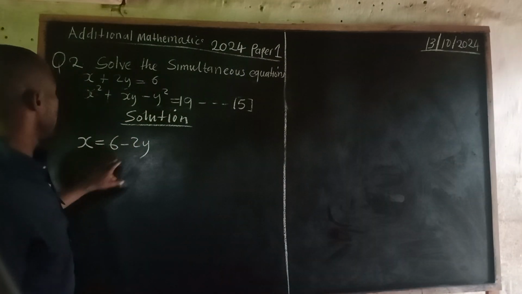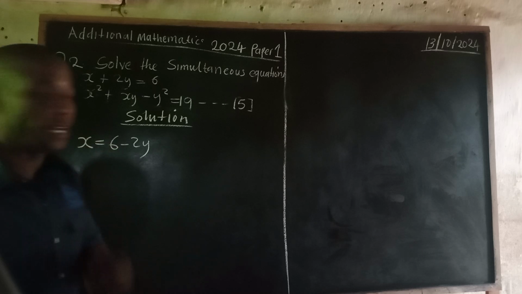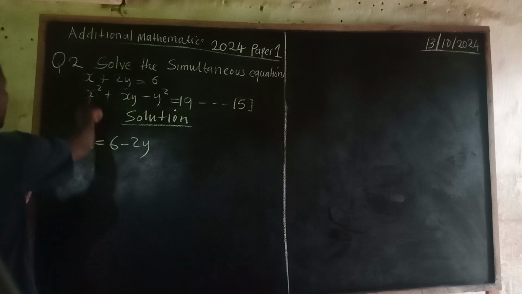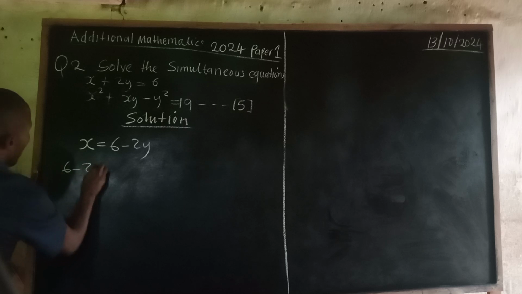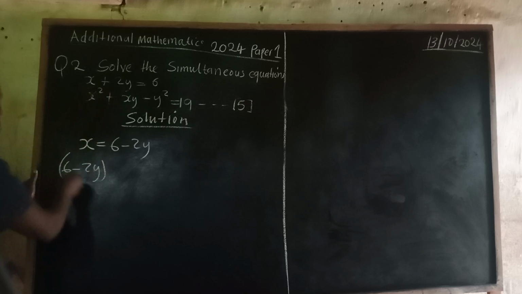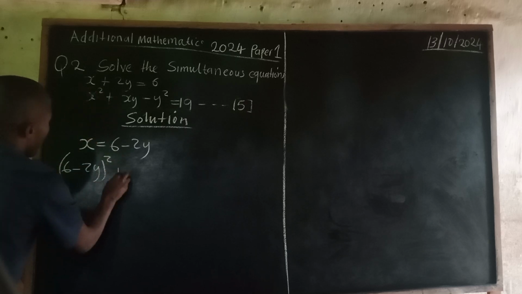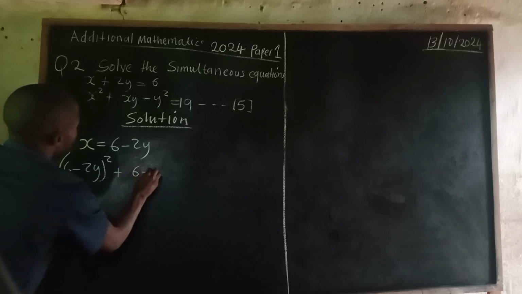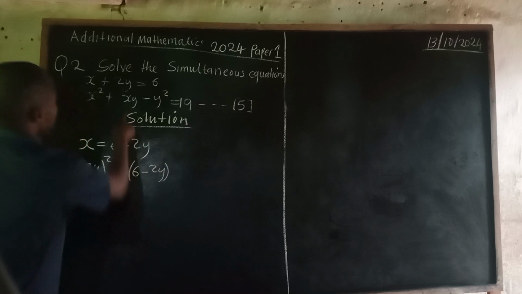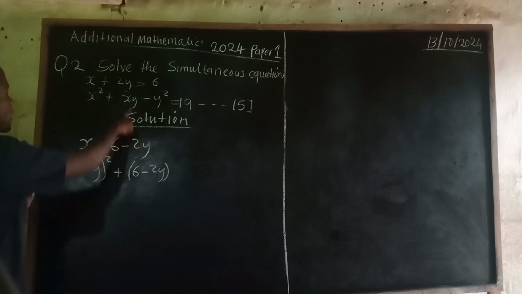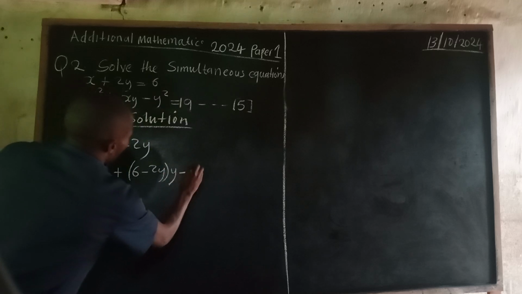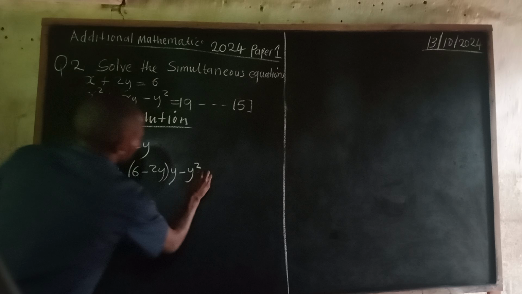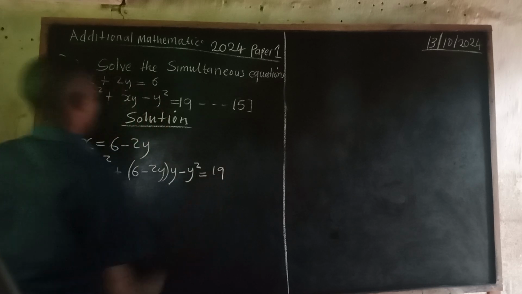Now that you have come up with this, we can use the second equation to substitute. This time around, where there is x, we have to put 6 minus 2y. So we say 6 minus 2y, remember there is a square there, then plus 6 minus 2y, this is x, then y outside, then minus y squared equals 19.